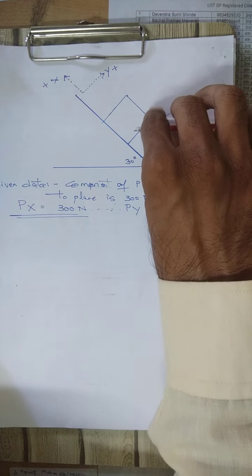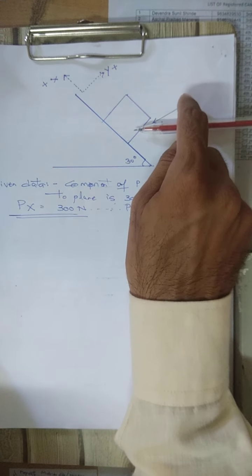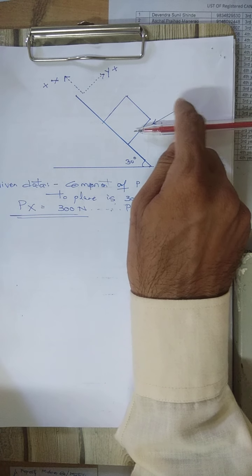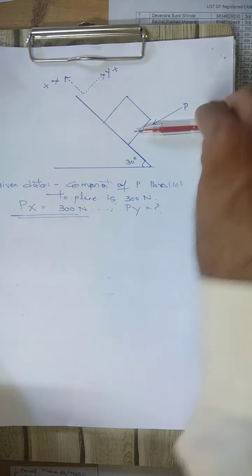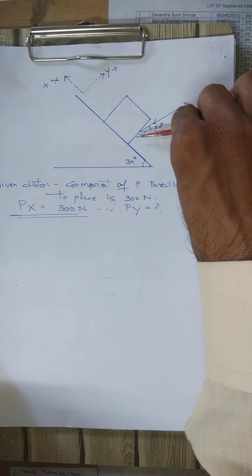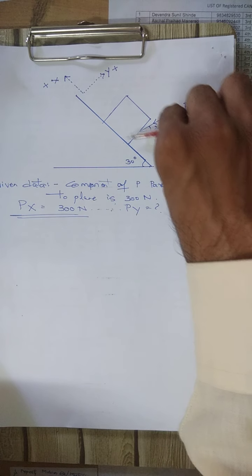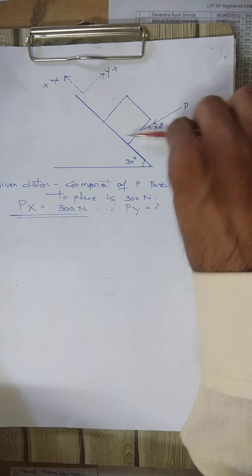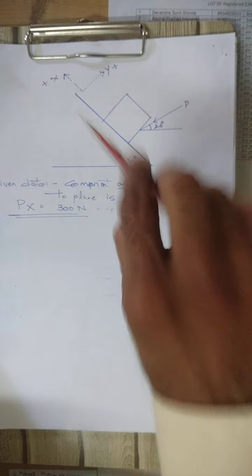That means we have to find the angle of the force P along the x and y axes. This force P is making an angle of 20 degrees with horizontal, and the inclined plane is making an angle of 30 degrees.